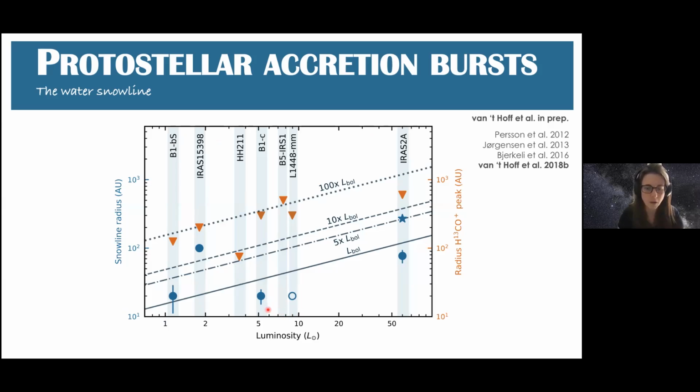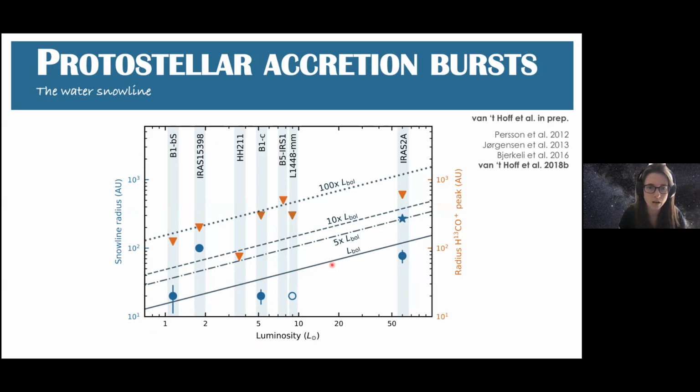So this is basically an overview of most of the protostars where we know the snowline location based on water observation. I'm going to focus on these blue points first, and then we'll talk about the orange a little bit later. So in blue, I'm showing the radius of the water snowline, again as a function of protostellar luminosity. This is B1C again that I showed in the previous slide, and we derived the snowline at roughly 20 AU.